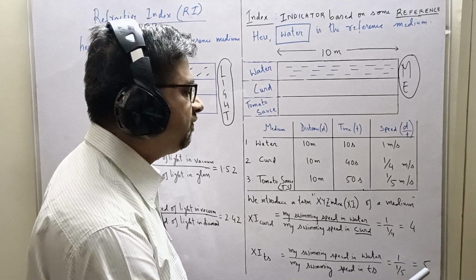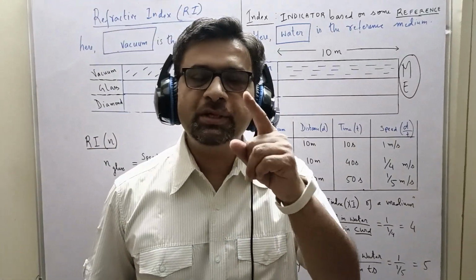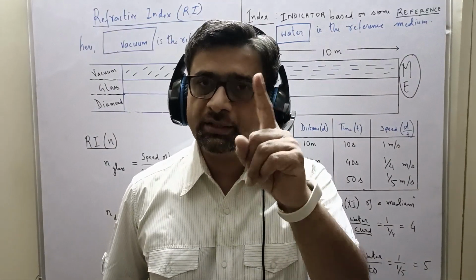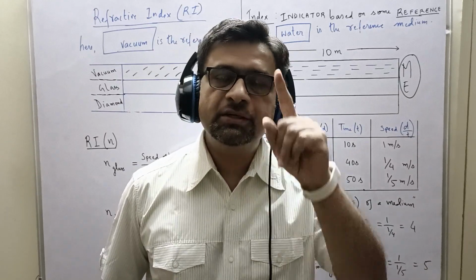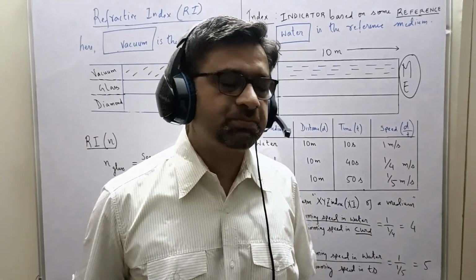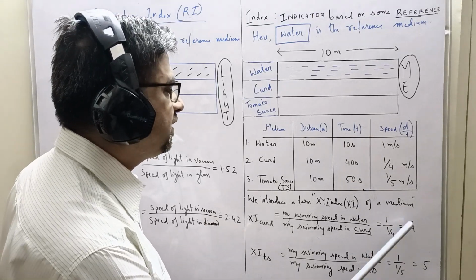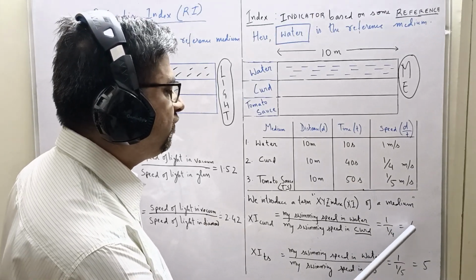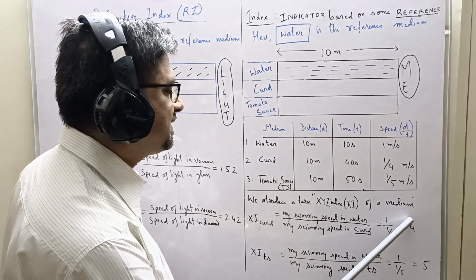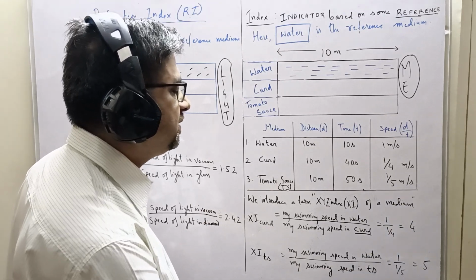This number 5 tells me that my swimming speed in water, the reference medium, is 5 times my swimming speed in tomato sauce. So what do we interpret? What kind of a trend do these numbers give me?